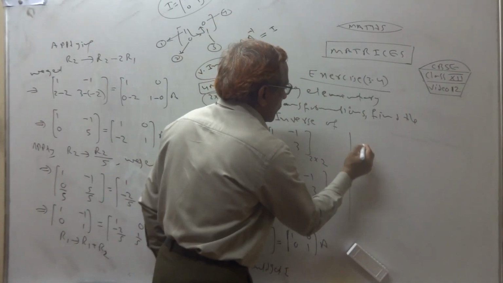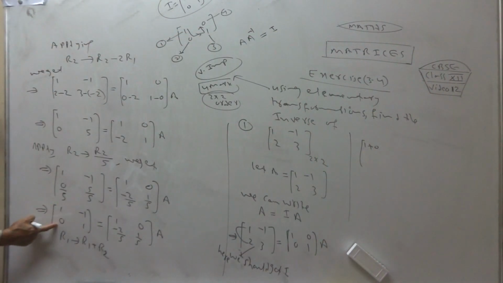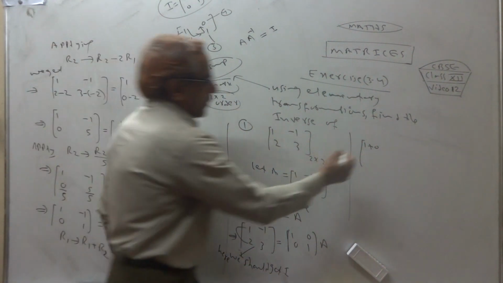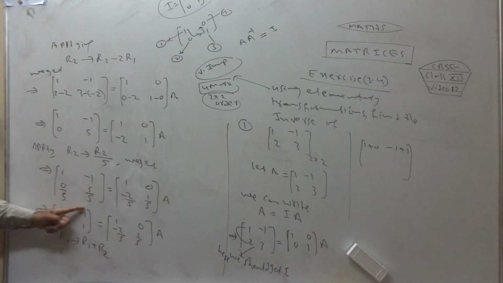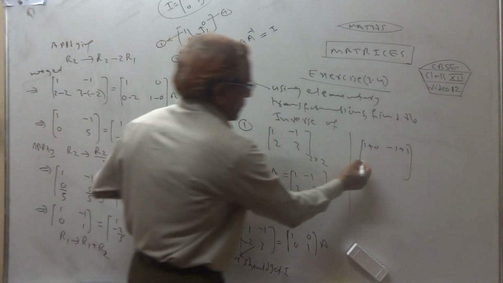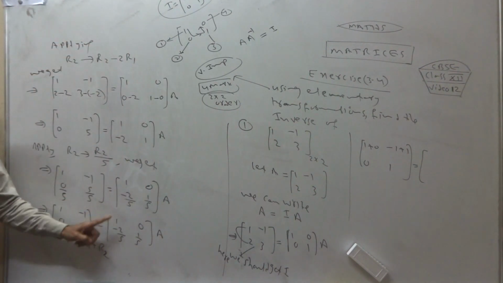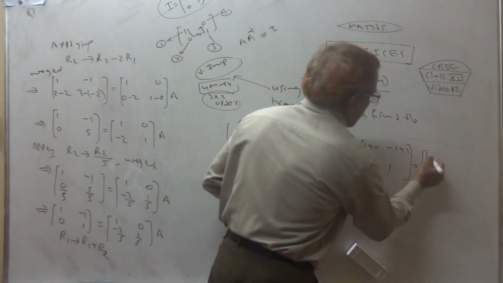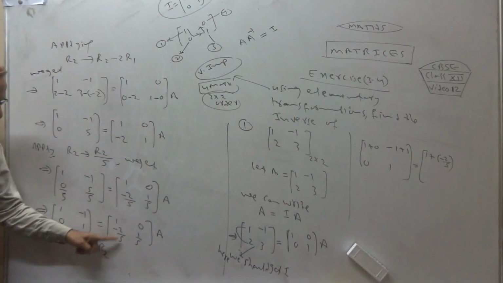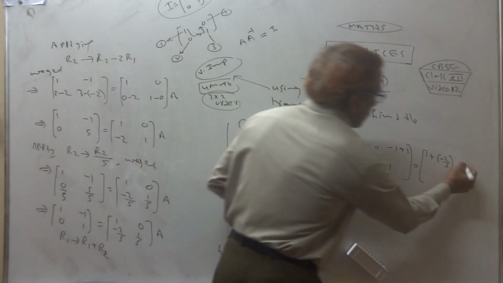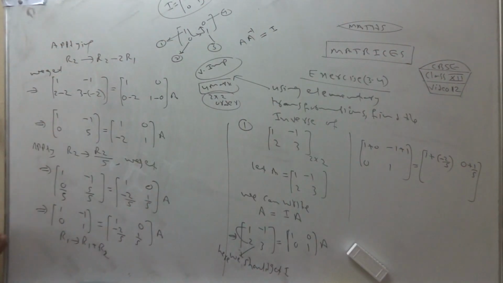Now row 1 plus row 2, we get 1 plus 0, minus 1 plus 1, 0, 1 as it is. Row 1 plus row 2, 1 plus 2 by 5, 0 plus 1 by 5, minus 2 by 5, 1 by 5.